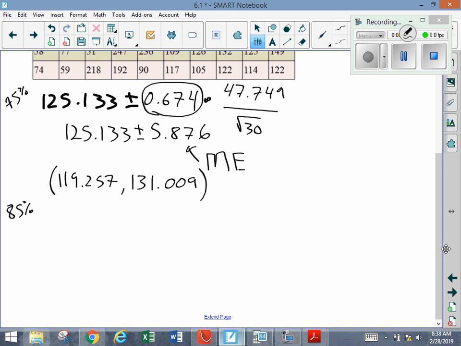And now I'm going to show you how to do it with your calculator. Now that we've calculated the standard deviation, we know that the standard deviation of our sample is 47.749, we can actually use our calculator as well. So I'm going to show you how to do that.